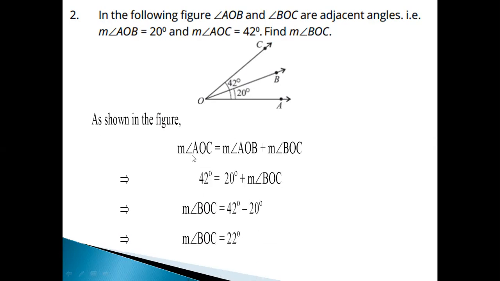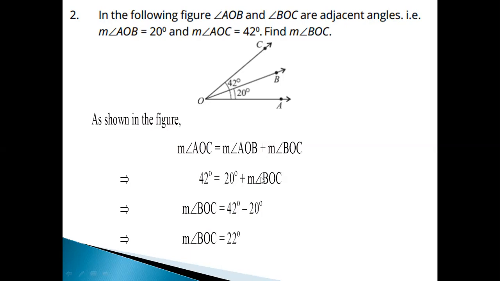How? The measure of angle AOC, this complete big angle, is the sum of two angles. Which ones? AOB plus BOC. Now you have to put the values. AOC is given as 42 degrees, you put 42. AOB is given as 20 degrees, you put 20.